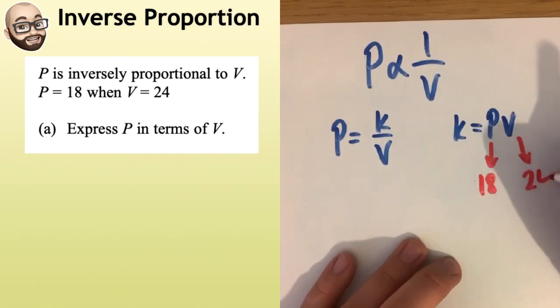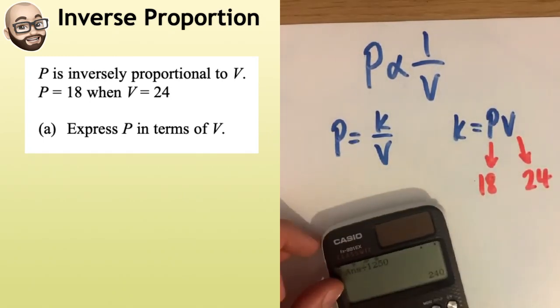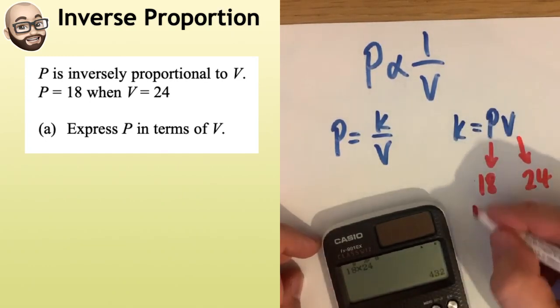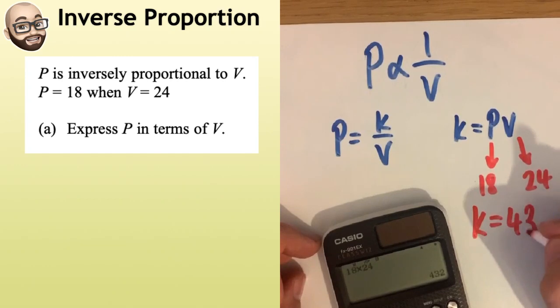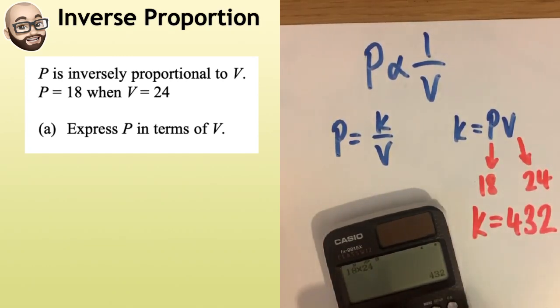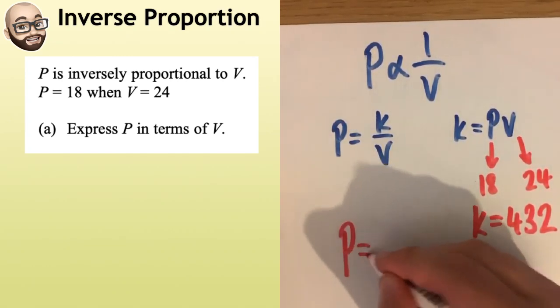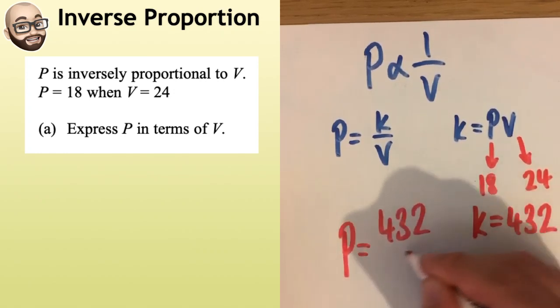So if we multiply 18 by 24, we get 432. K is 432. So our formula is P equals 432 over V.